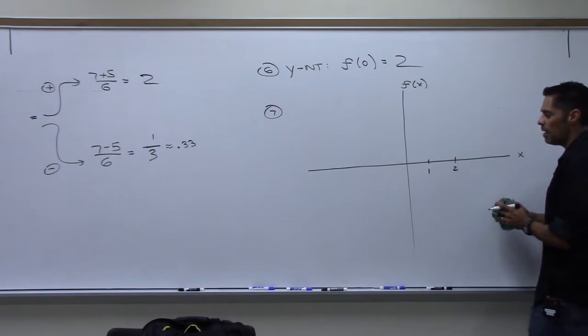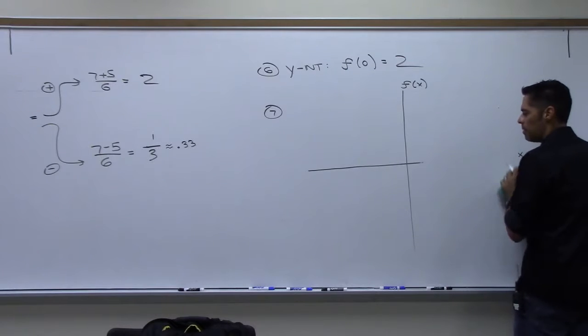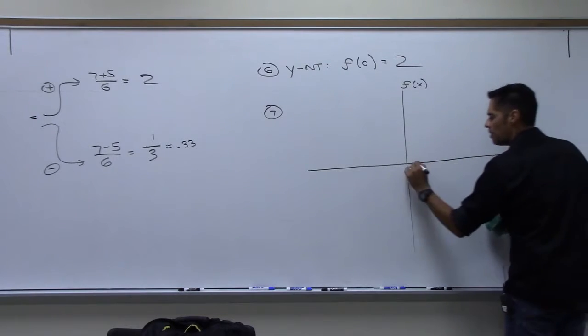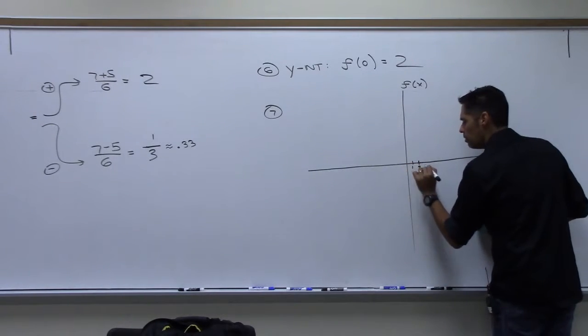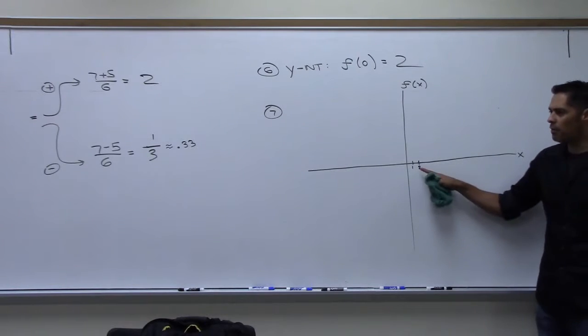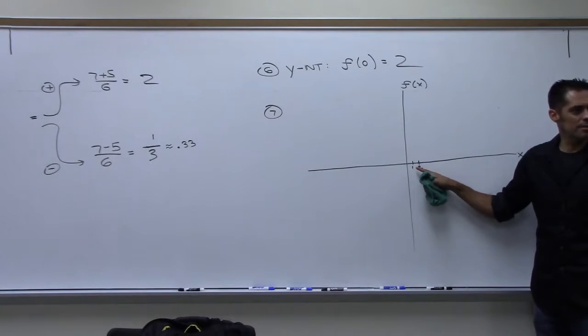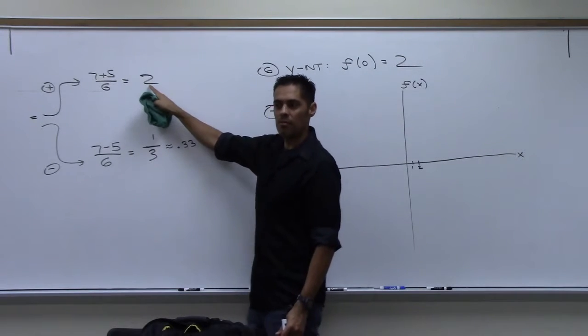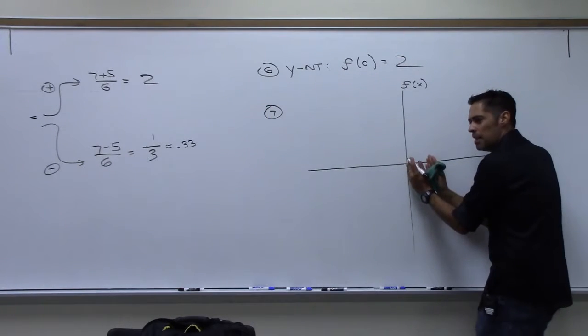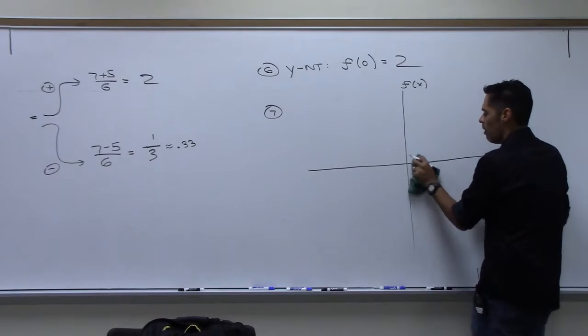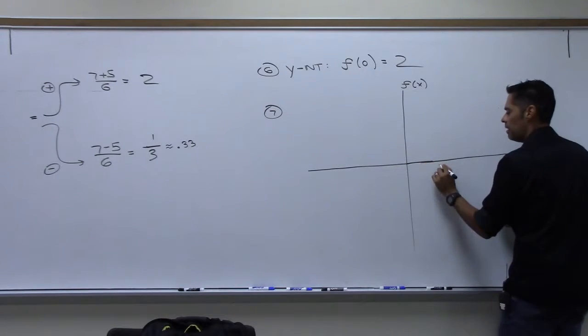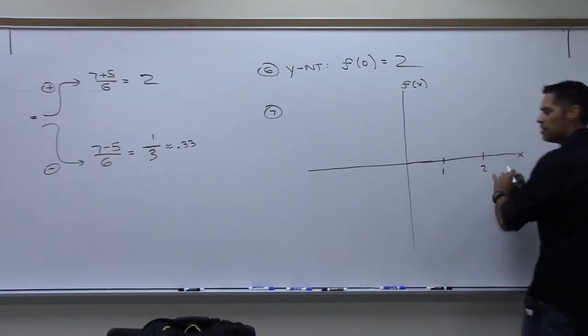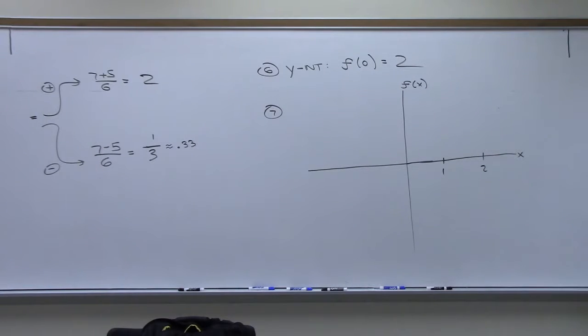Notice that when I'm drawing this, I'm not doing like 1, 2, right? Because it's going to be really hard for me to do 1.1 in here, isn't it? And my x-intercepts only go out to 2, right? So my graph's going to be in this little tiny focused area. Why don't I spread out my vision a little bit? 1 here, 2 here, kind of spread things out. See that? It gives me some room to work with.